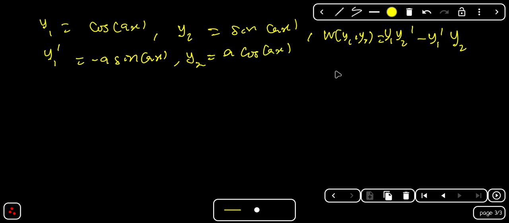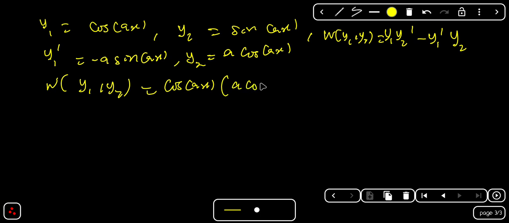Now let's find the Wronskian of y1, y2. It is equal to y1, which is cos ax, multiplied by y2 prime, which is a cos ax, then minus y1 prime, which is negative a sine ax, multiplied by y2, which is sine ax.